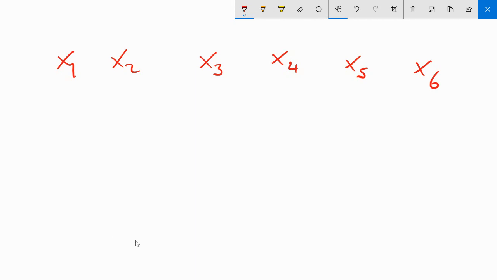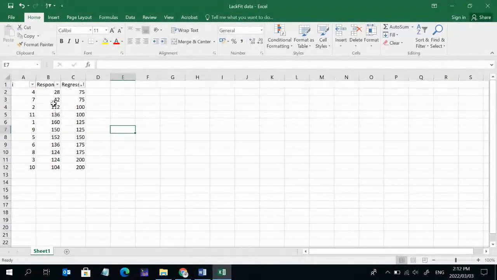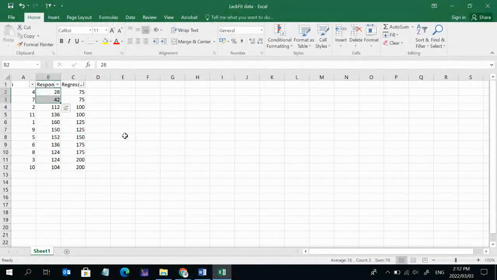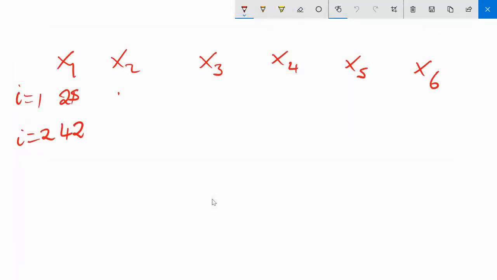Then our X1 is 75, and the values of Y corresponding to 75 are 28 and 42. So this is i equal to 1, i equal to 2. Then we go to the second level, which is 100. Our values are 112 and 136.